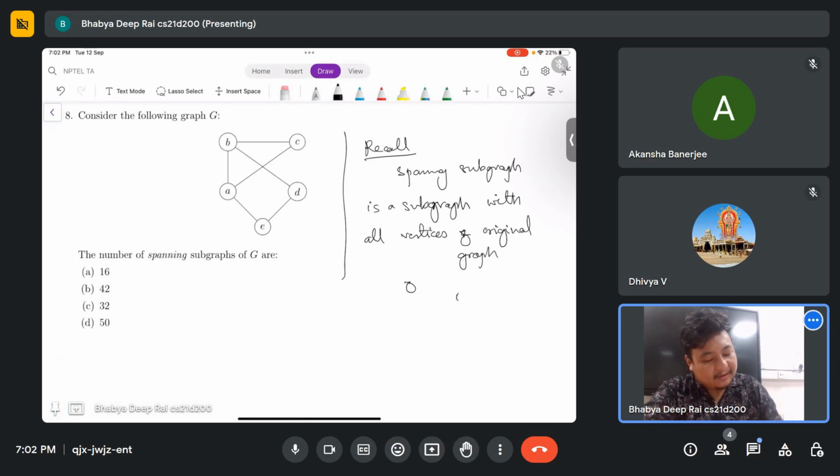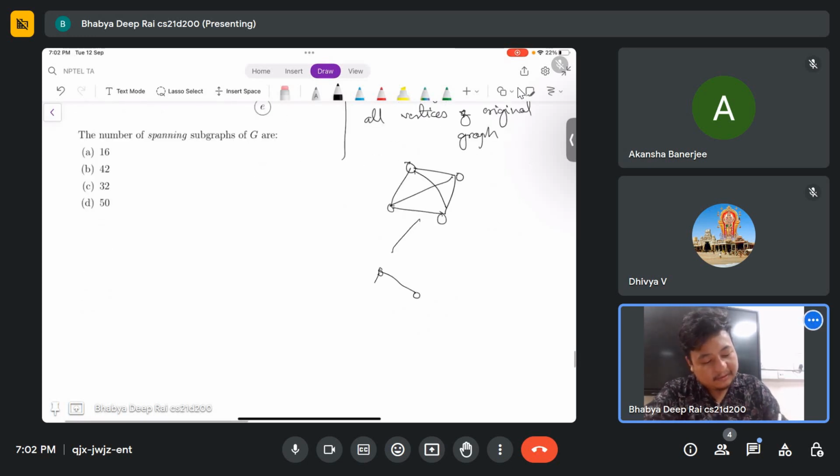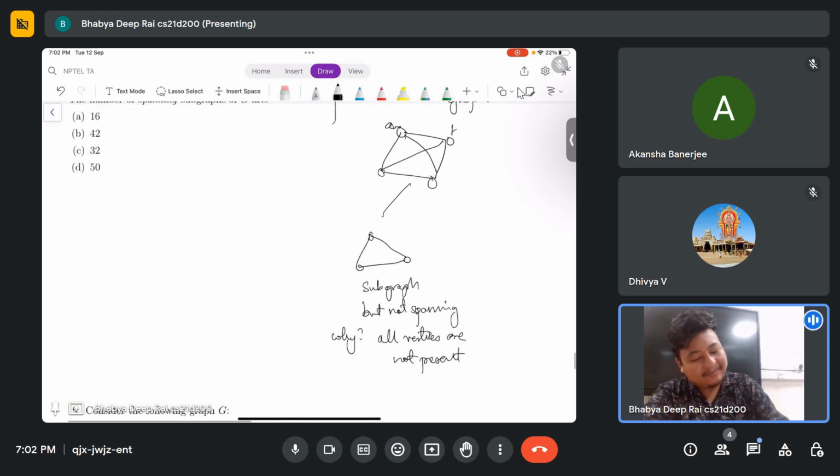Example: if this is a graph, this is a subgraph, but not spanning. Why? All vertices are not present. For example, if this is labeled A, B, C, D, and this is A, C, D, then B is not here.